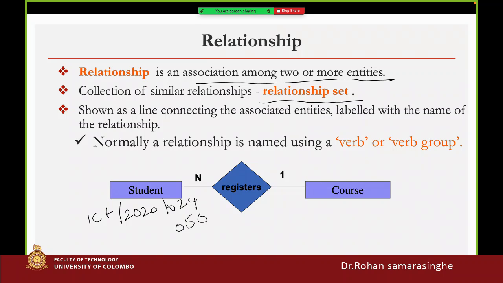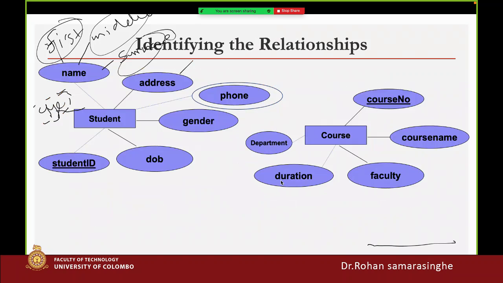So that means many students, many indicates this N, register DBMS subject or else ICT course. Your batch has more than 70 students who can register the ICT course. That is many to one relationship, N to 1, many to one relationship.